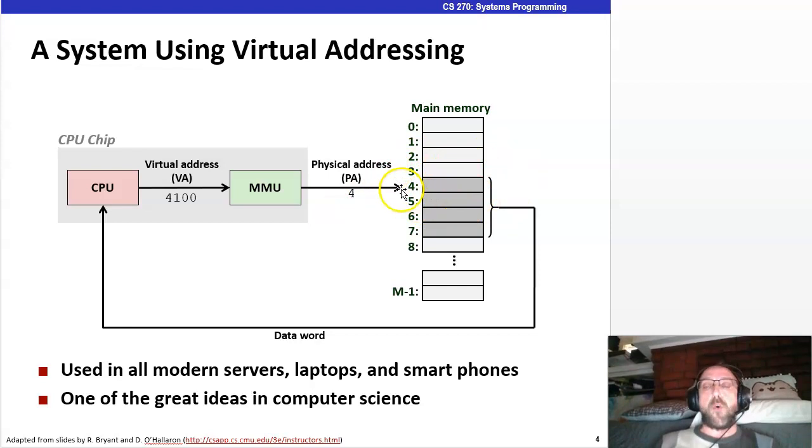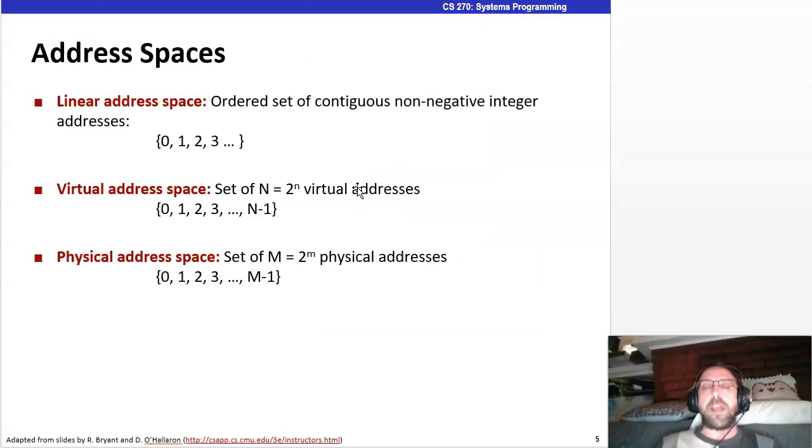So address 4 in this case. And the nice thing about this is simply by changing the tables that the MMU refers to, we can have another program or another part of the same program use the same virtual address and be referring to a different physical address. That gives us a lot of benefits, which we'll get into in more detail in some of the later videos.